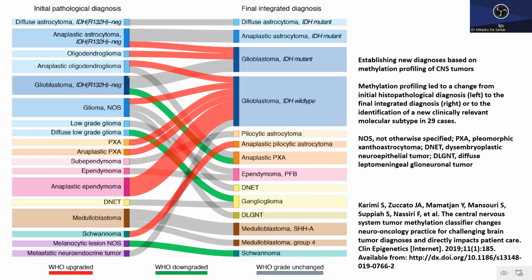So, for example, something which had been labeled as glioblastoma got reclassified, that is downgraded, to anaplastic pleomorphic xanthoastrocytoma, or something which was given a lower grade diagnosis like a PXA or an anaplastic PXA got upgraded to a glioblastoma, IDH-wildtype. And hence, this is a very, very powerful tool which has the potential to upturn the way that we look at diagnostic neuropathology. And artificial intelligence and machine learning have a very important role to play in this.